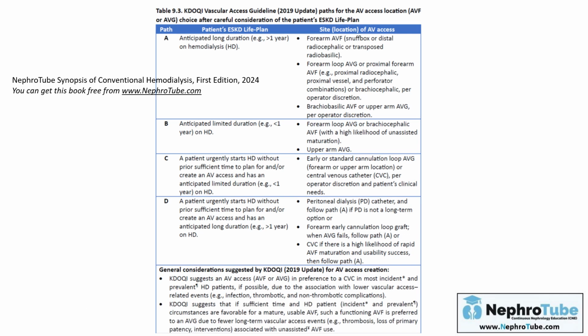And whenever both AV fistula and graft are available and the opportunity for both is the same, it's better to use an AV fistula than an AV graft, because an AV graft carries more risk of complication and infection than an AV fistula. So the first should be AV fistula, the second should be AV graft, the third should be central venous catheter, whenever they are on the same scale. Okay?